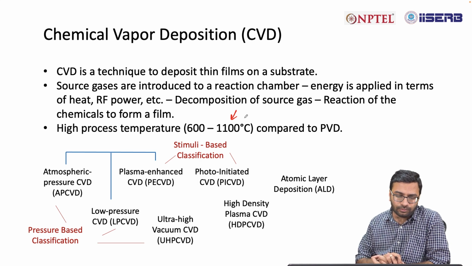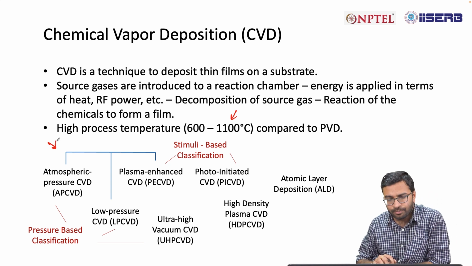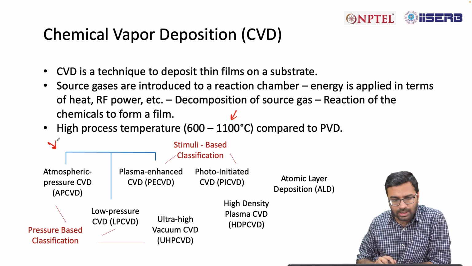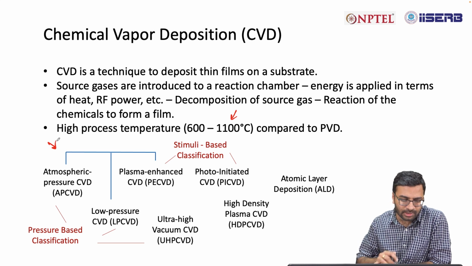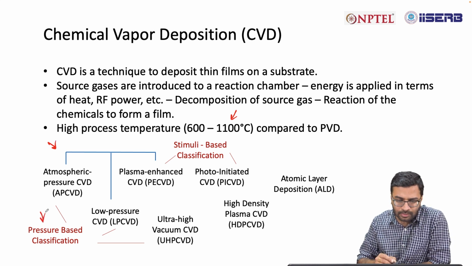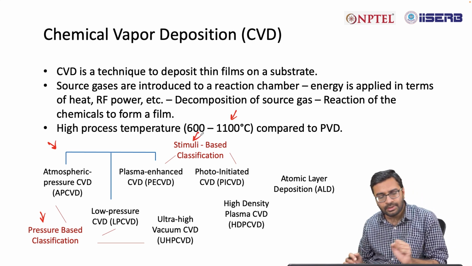Now, here I have again showed the classification of chemical vapor deposition. So, chemical vapor deposition can be classified based on pressure or based on the stimuli that is present.